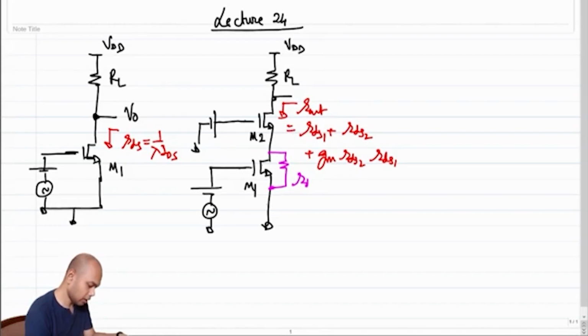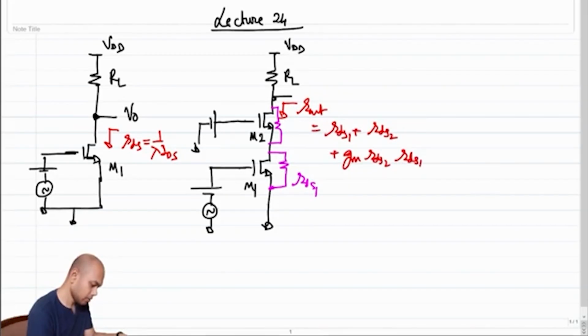So this is RDS1, and this was RDS2. So our Rout increased from being a mere RDS to this value.